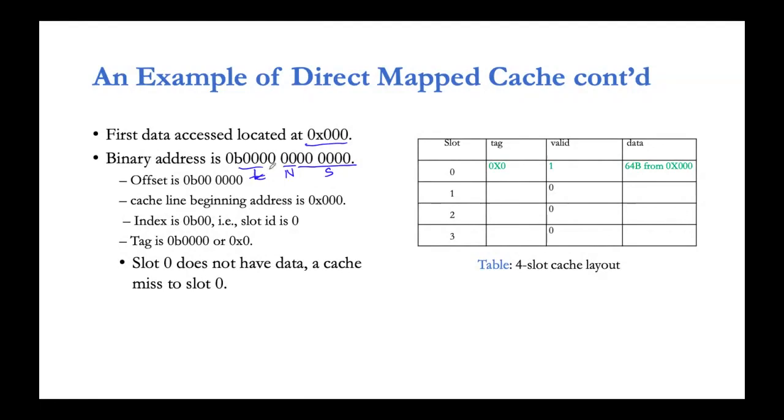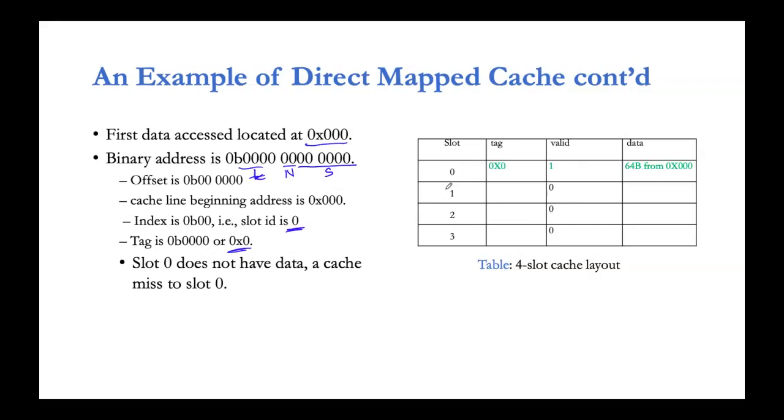The cache line beginning address is 000. Taking the equivalent value, it gives the index 00, so the slot will get index 0, and the tag in hexadecimal form is 00. From this, the index is 0, so slot 0 is selected.